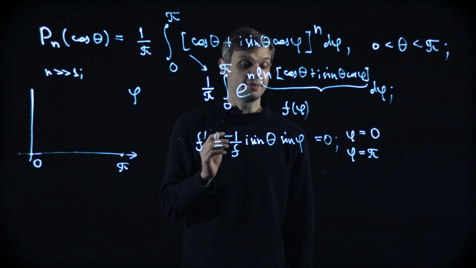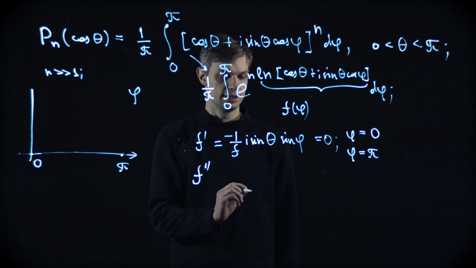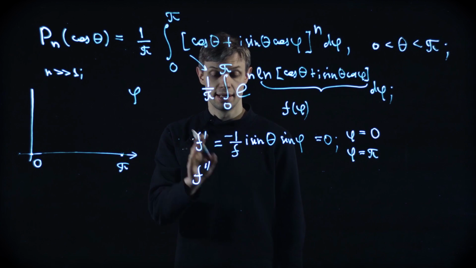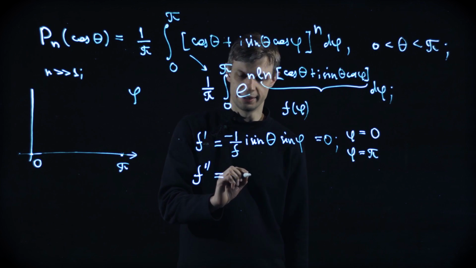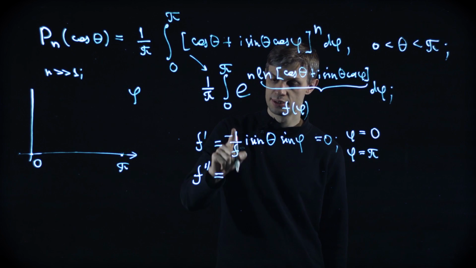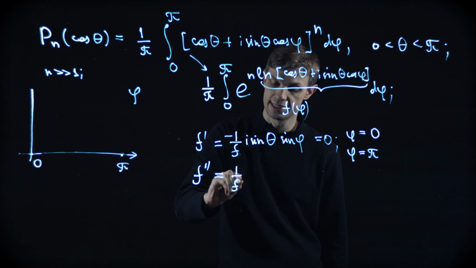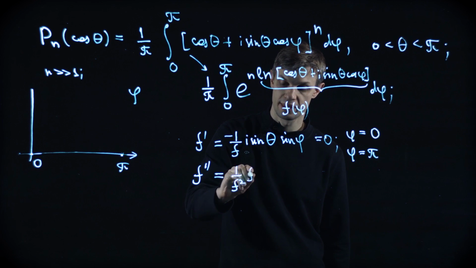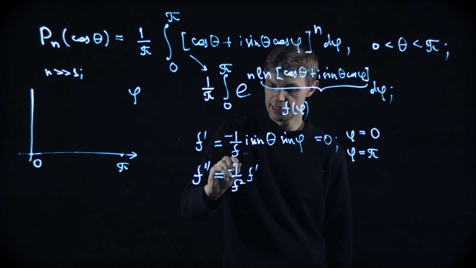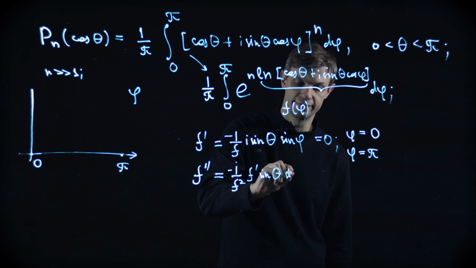So let's compute the second derivative. We'll need the second derivative just at the saddles, so just keep this in mind. We differentiate this thing once more. 1 over f will give us 1 over f squared times f prime times minus i sine theta and sine phi.